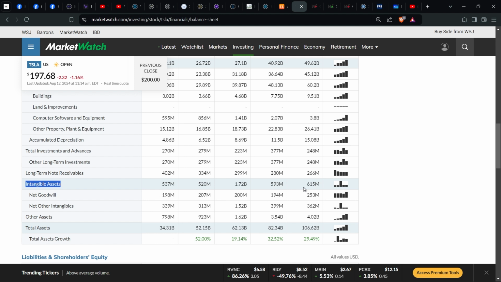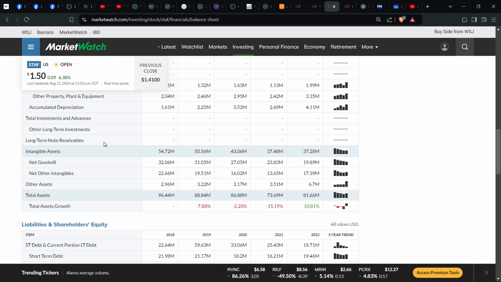Okay, but let's look at another company whose intangible assets are raising questions. Here we are. This is a company called Staff. Let's not go too much into the name and details of the name because I don't want to make it look like I am defaming them. But you can see intangible assets $37 million, but the total assets are only $81 million.